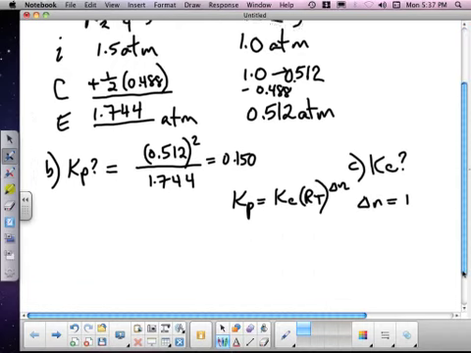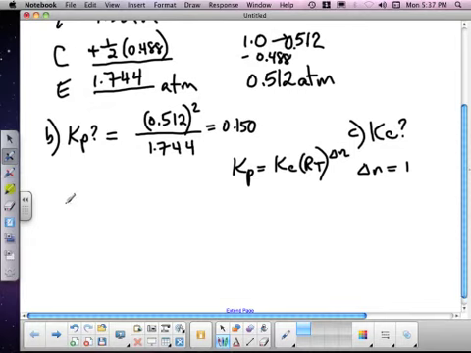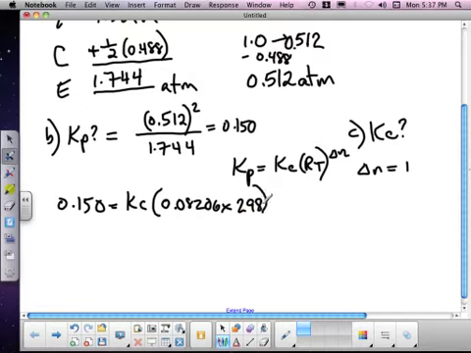So I'm going to say 0.15 equals Kc times 0.08206 times 298, since the temperature given in the problem was 25 degrees and I'm changing that to Kelvin, and that'll all be raised to the first power. Solving, bringing that to the other side, I end up with a Kc of 6.15 times 10 to the minus 3.